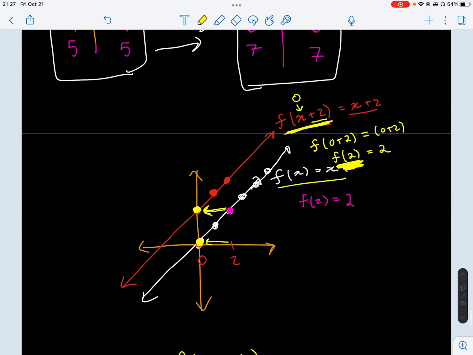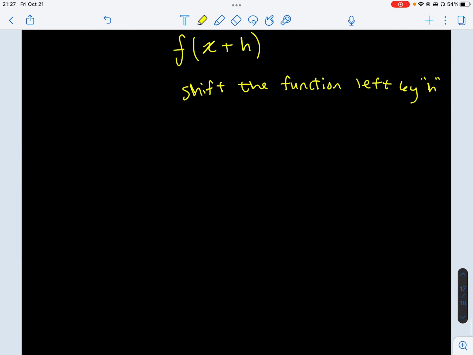So here, if h was the number 2, your function got shifted to the left by 2. So if h is 2, then f of x plus 2 shifts f left by 2.